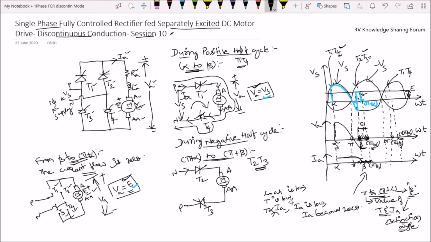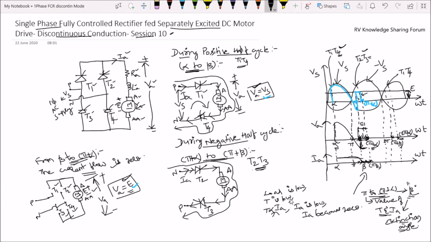Armature current starts at the neutral terminal, enters into T2, enters into the A terminal, leaves through the AA terminal, flows into T3 and ends its journey at the phase terminal.